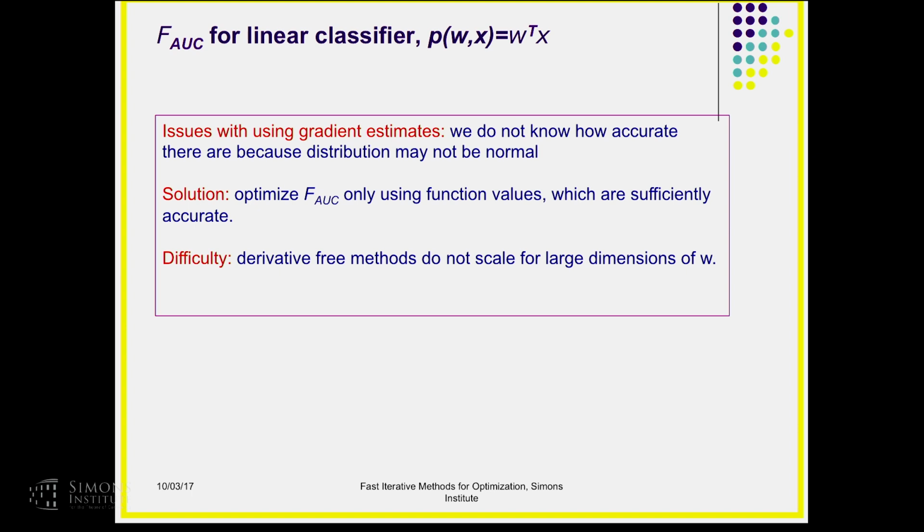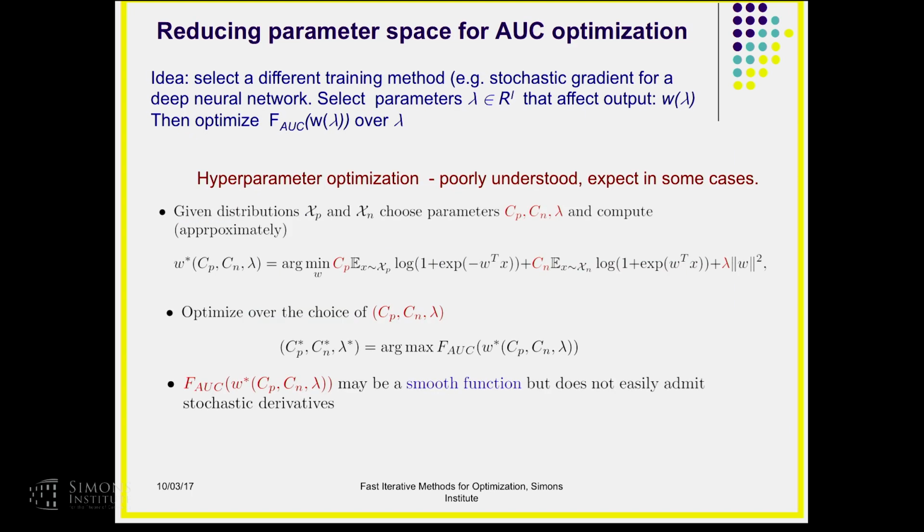And that's actually well known as hyperparameter tuning. I'm not going to go into details of that, but hyperparameter tuning essentially does this. It just selects a few parameters, then runs some kind of method that computes the eventual W, for example logistic regression that depends on some parameters, and then computes AUC from this W that is being computed by some other method, and then goes and optimizes the resulting function, the AUC function, right?